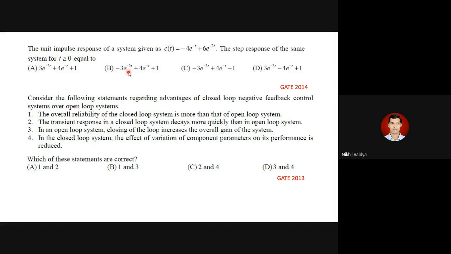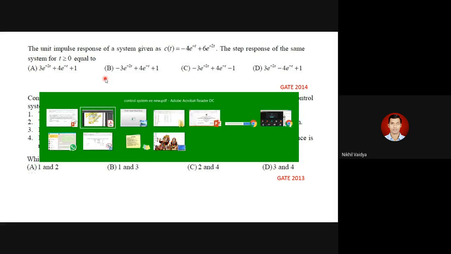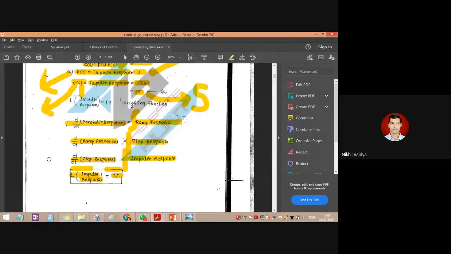Just now we saw the relationship between the impulse response and the step response: d by dt of the step response is equal to the impulse response. Now, if we have to calculate the step response, can anybody tell what the answer will be?